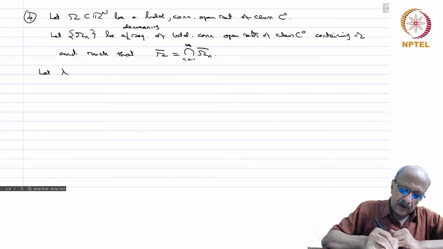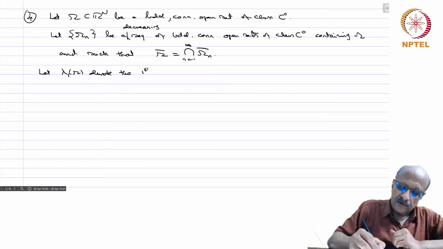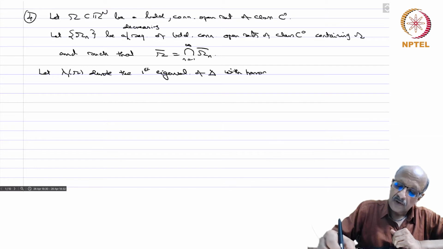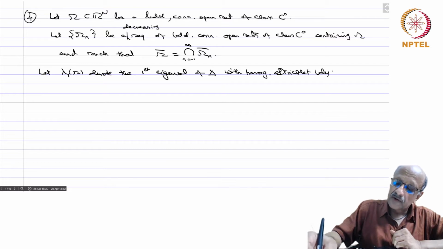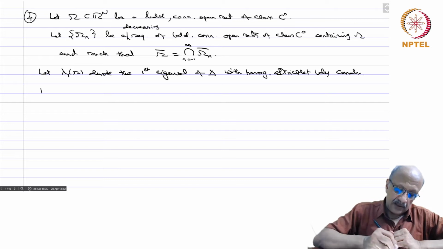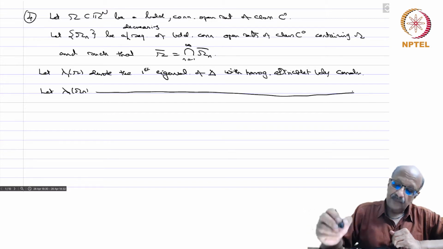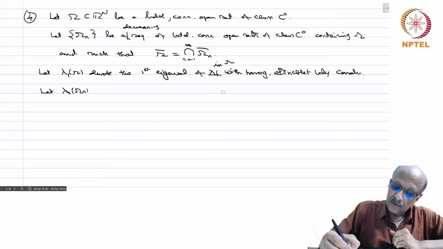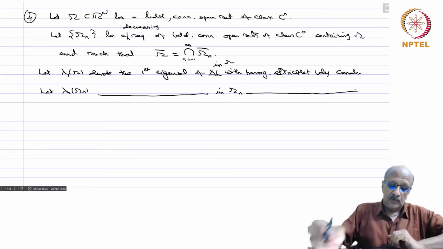Let lambda_1 of Omega denote the first eigenvalue of Delta with homogeneous Dirichlet boundary condition in Omega. Let lambda_1 of Omega_n denote the first eigenvalue in Omega_n with homogeneous Dirichlet boundary conditions.